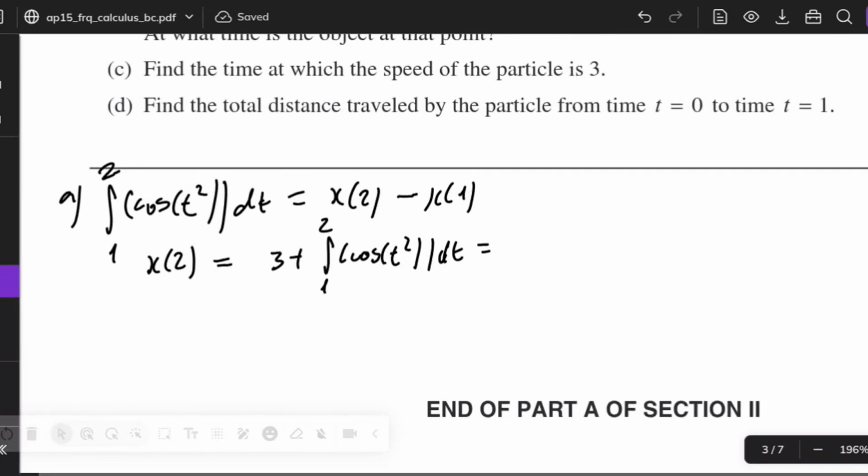All right, this is a calculator question, so you will need your calculators for this. I'm gonna go grab mine really quickly. And what we should get is 2.557 if you round, and 2.556 if you truncate it.